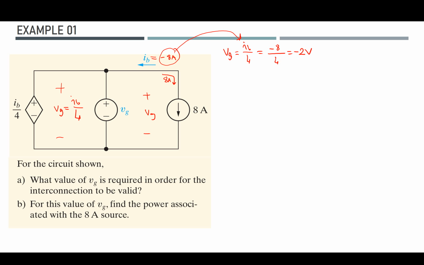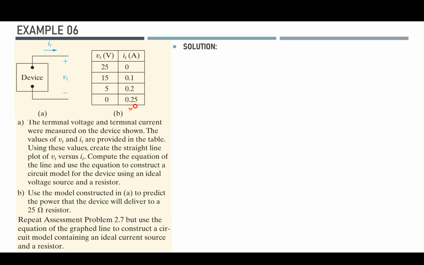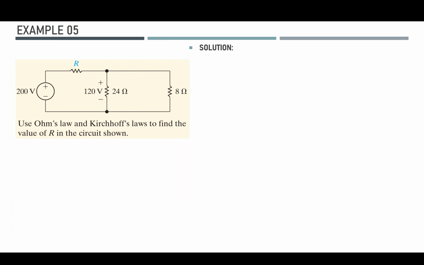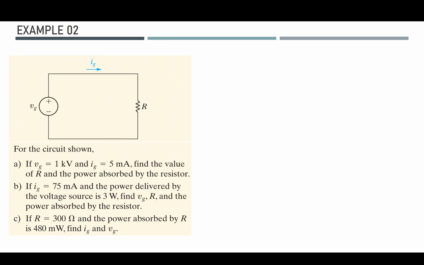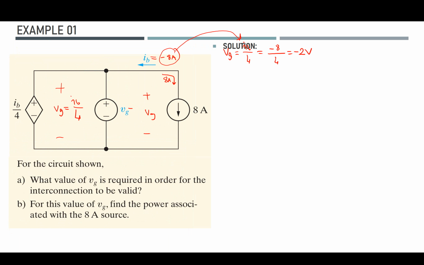So I have found a negative voltage, which means that the voltage is in the opposite direction compared to my chosen reference direction. So Vg equals minus 2 volts.